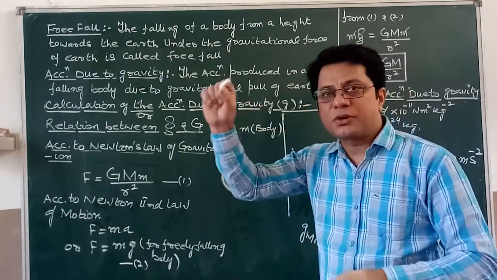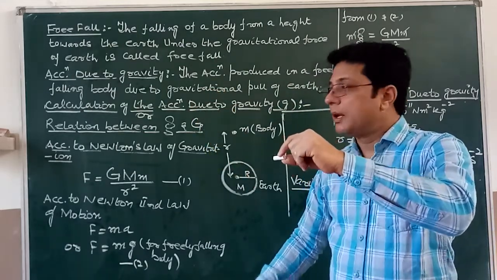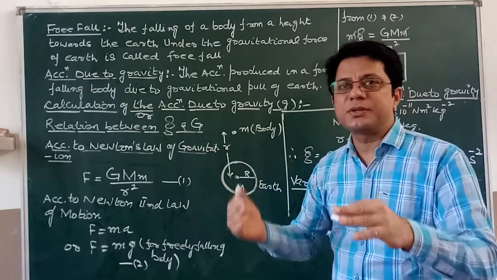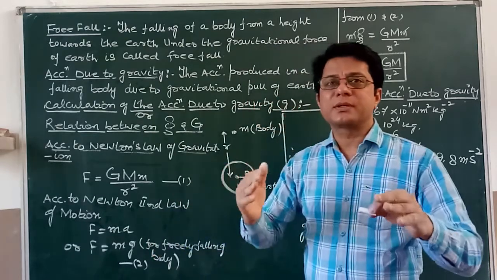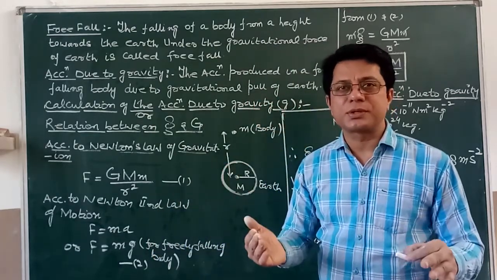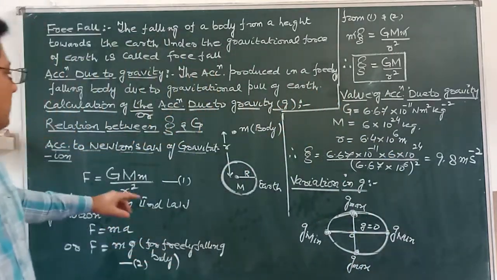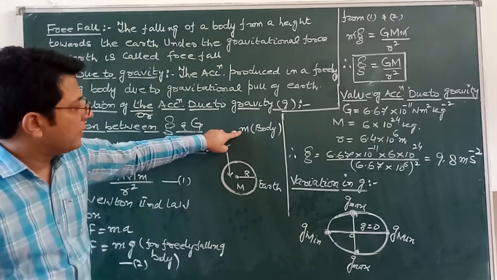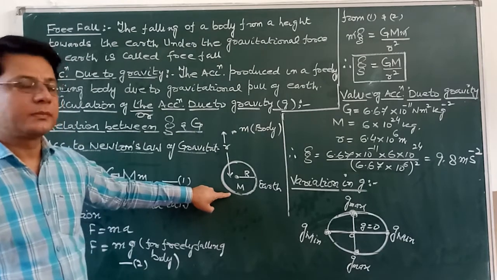One body is this chalk and the second body is our earth. If there are two bodies, as I said before, according to Newton's law of gravitation, every body in this universe attracts each other with a force. So there is a force of attraction between this body and the earth.